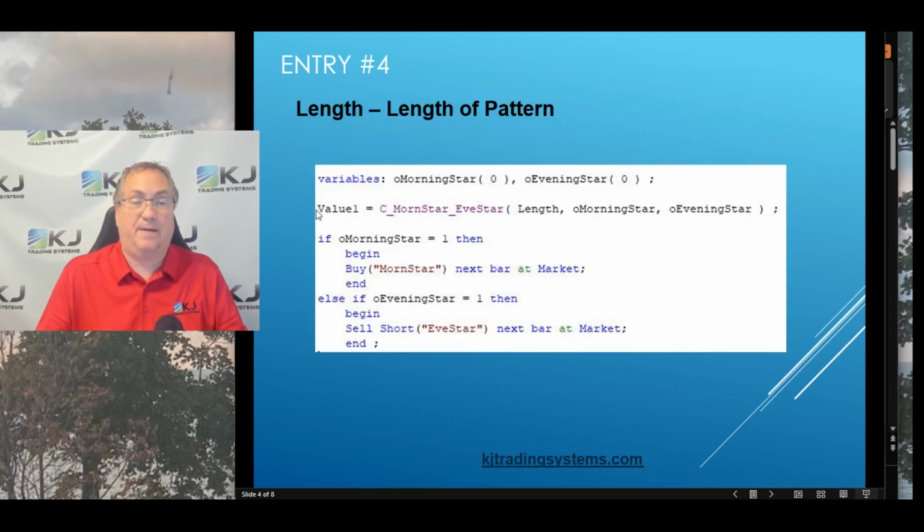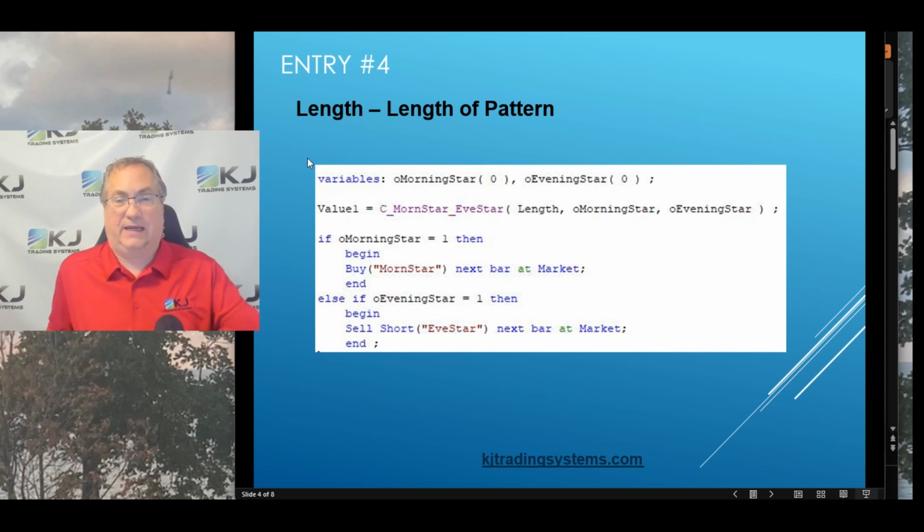And there's only one variable to play around with here, and that's the length of the pattern that this evening star or morning star evolves over. Okay, so again, as in all my other videos, this is TradeStation EasyLanguage. This also works for the most part with MultiCharts if you have that. It's a very similar language, probably 95% or more of it translates from one to the other.